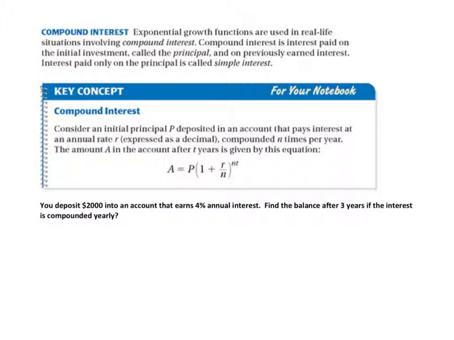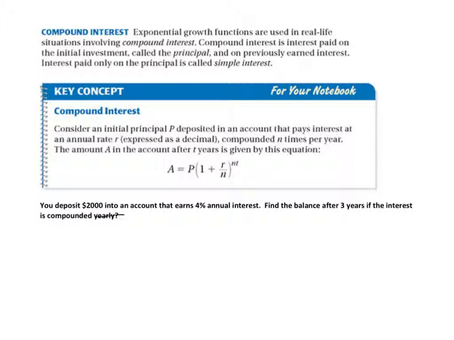So it says you deposit $2,000 into an account that earns 4% annual interest. Find the balance after 3 years if the interest is compounded yearly. So the n is the number of times it's compounded over that time. So if this said, let's change that.